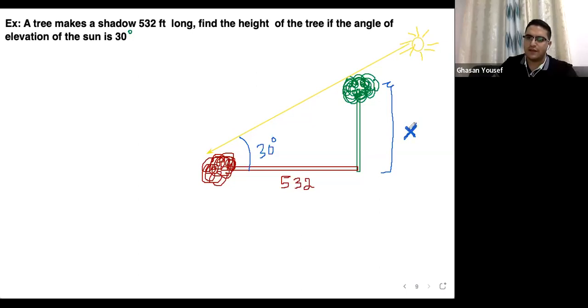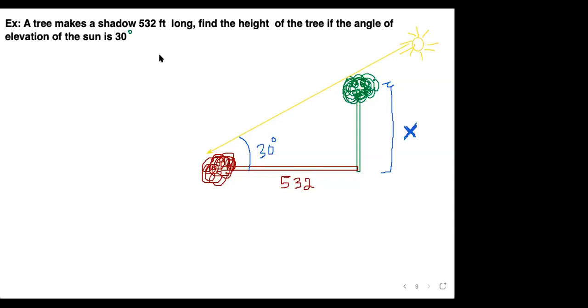What is the best ratio I can use to find the value of x? What is the best ratio? I mean the sine, cosine, the tan, or the reciprocal of them to find the value of x. You would use tan. Tangent, correct.